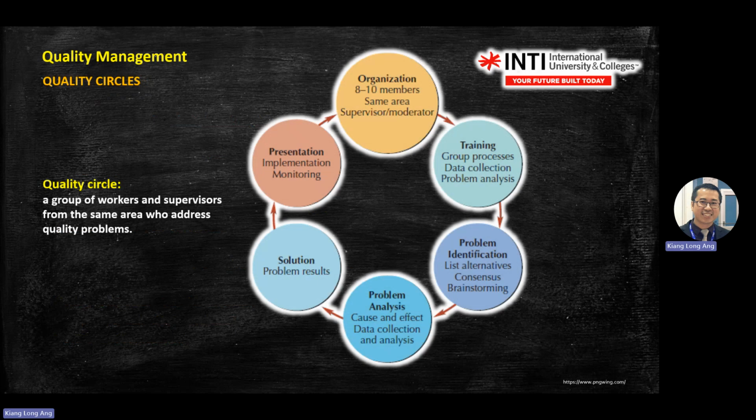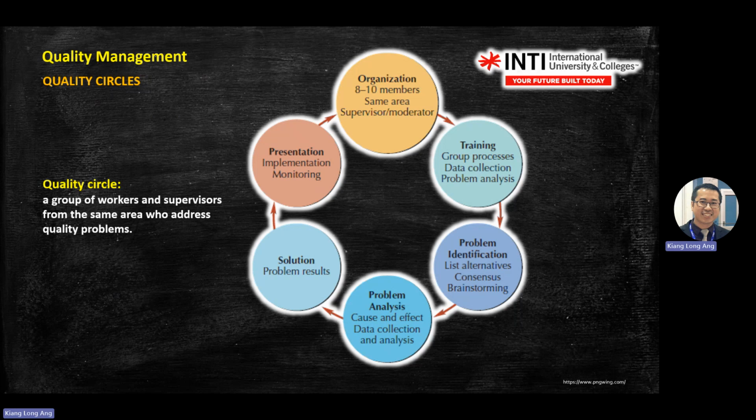Okay, quality cycle. This one you also read from the slide here. There is a cycle, so 1, 2, 3, 4, 5, 6 items inside the quality cycle. The first one is about members. Then you go into training, then problem identification. Once you identify, you need to do analysis. After analysis, you need to give a solution.